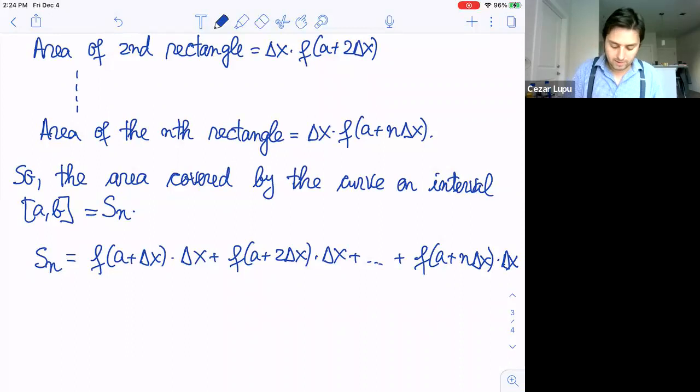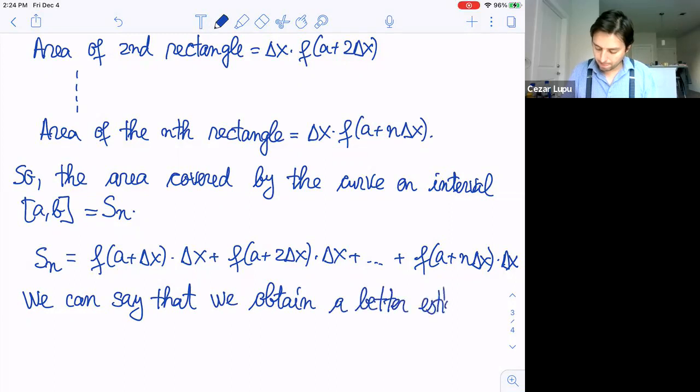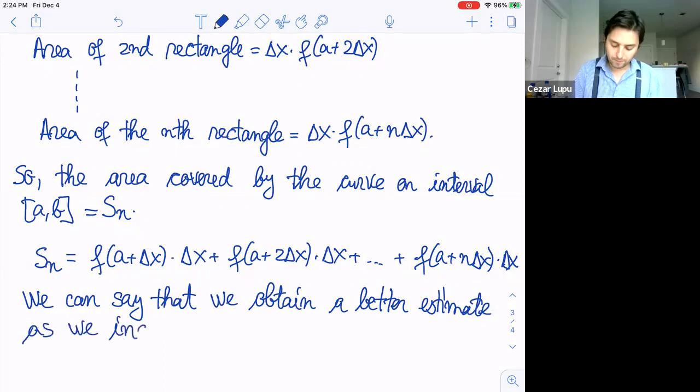So we can say that we obtain a better estimate as we increase the number of rectangles.